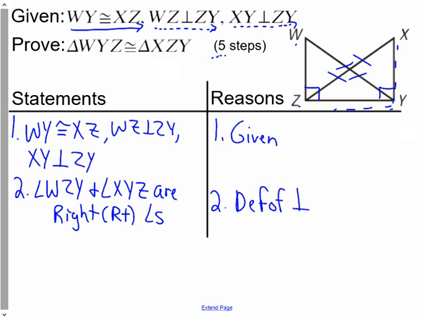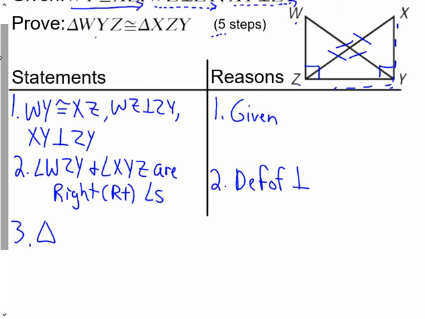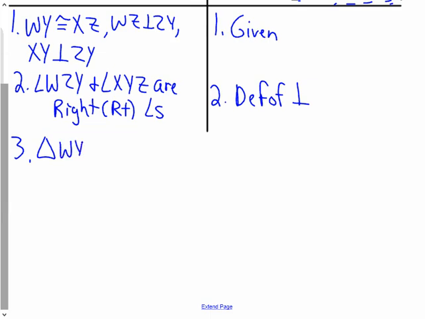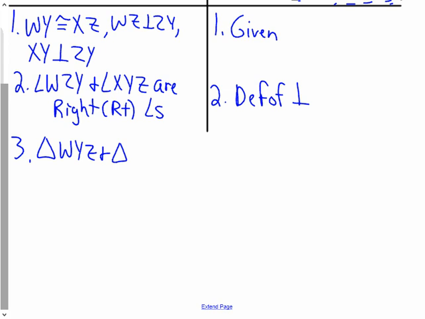Now, we need right triangles for this problem, because we don't have hypotenuse or legs without that. So we're going to say those triangles that we're trying to prove here are right triangles. So WYZ and XZY, the ones that are in our proof, are right triangles.